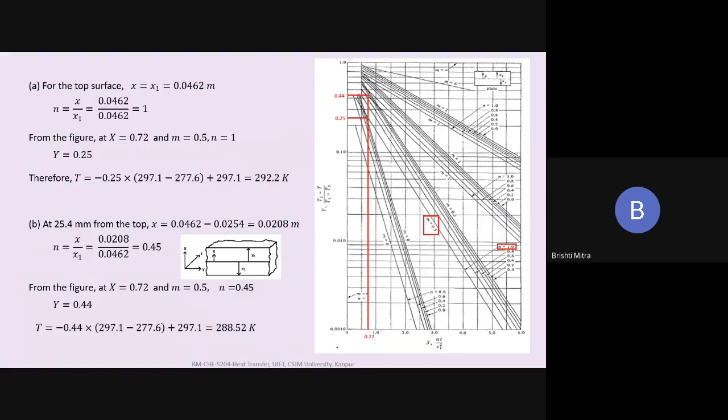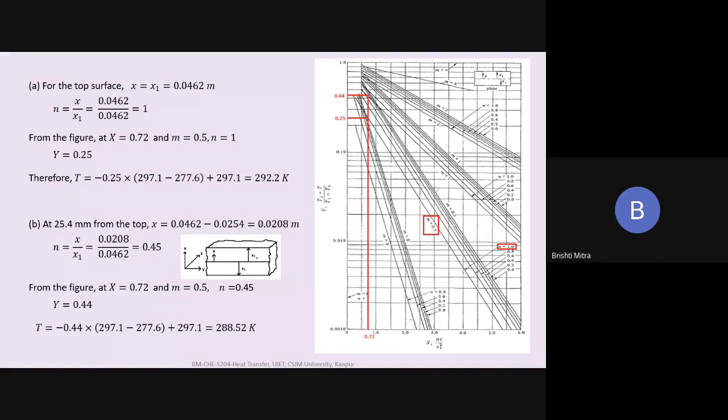Now if I go to this particular figure, my x-axis is my Fourier number. My Fourier number was the value of 0.72. So from 0.72, we go straight up. And where do we meet? The first problem is where we have to find the surface temperature. So when we have the surface temperature, I can look at this particular case.